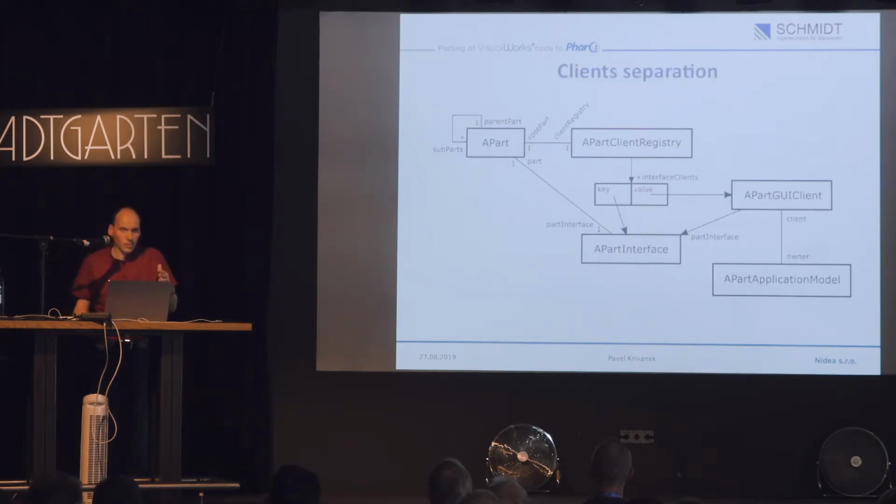For that, it uses concepts named parts that communicate with the outside world using part interfaces, and they are strictly separated from the UI clients. So you can have multiple clients on one part without any interruption.